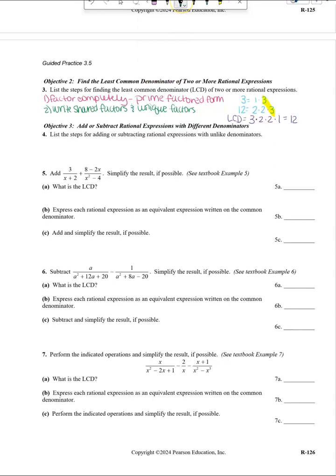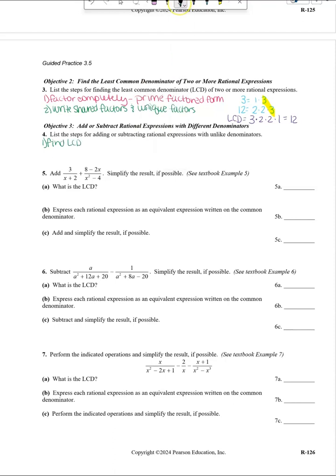Alright. So the next one says, add or subtract rational expressions with different denominators. So list the steps for adding or subtracting rational expressions with unlike denominators. The first thing I always do is find the LCD. See above.